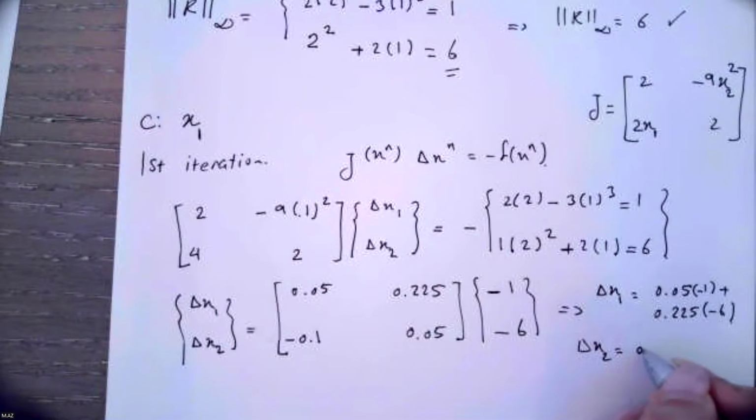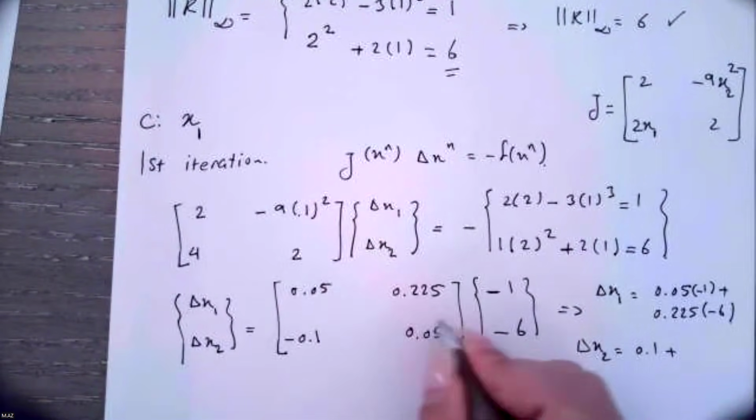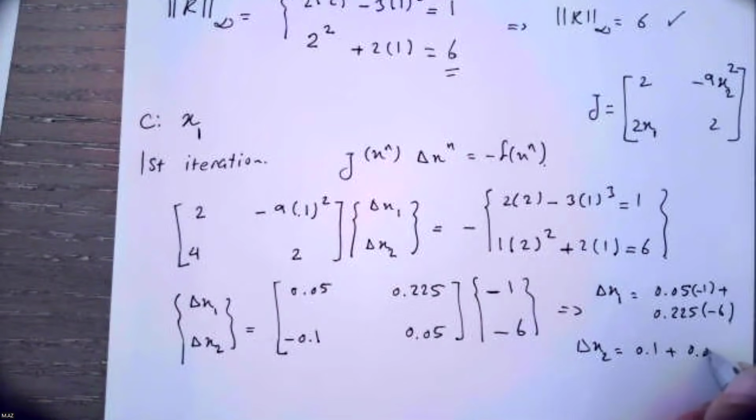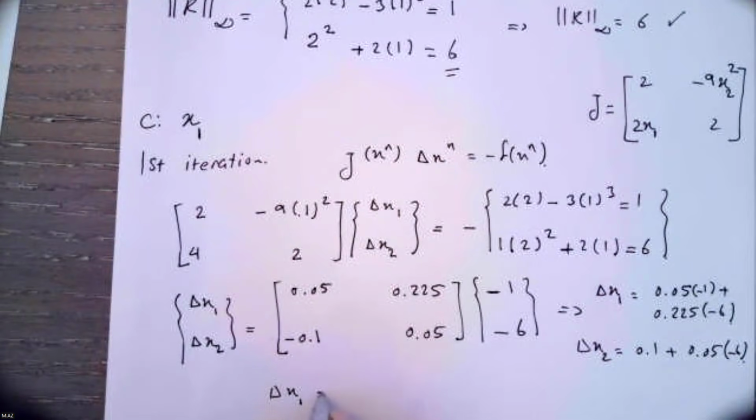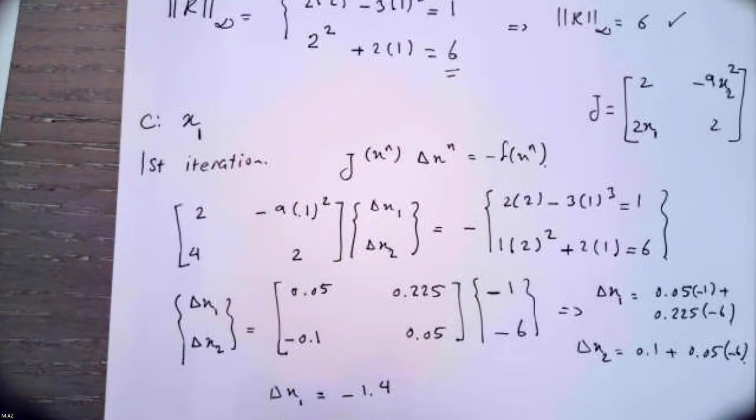Negative times negative is positive. 0.05 times -6. Now delta x1, the answer of this one is -1.4. Delta x2 is -0.2.